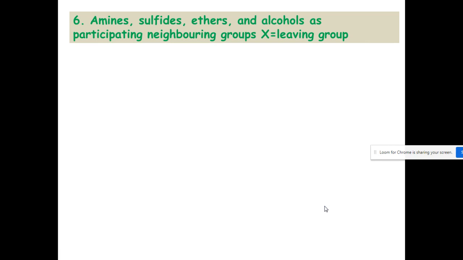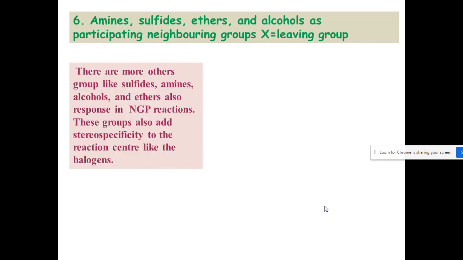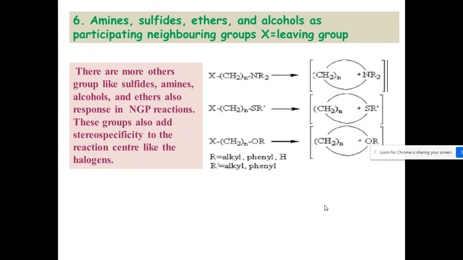Amides, sulfides, ethers, and alcohols also act as participating neighboring groups. These groups also add stereospecificity to the reaction center like halogens.